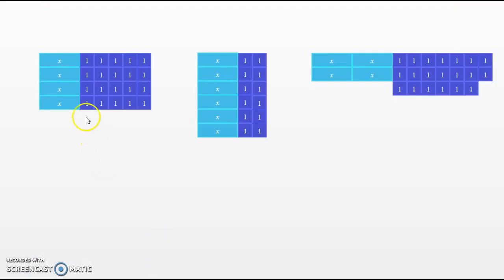So on the left here, I have 4 times the quantity of x plus 5. In the middle here, I have 1, 2, 3, 4, 5, 6x plus 12. And then on the right, I have 2 times the quantity of 2x plus 7 plus 6 more.